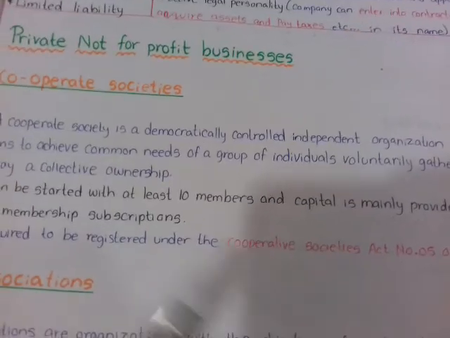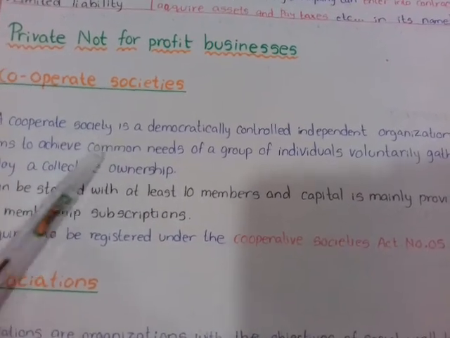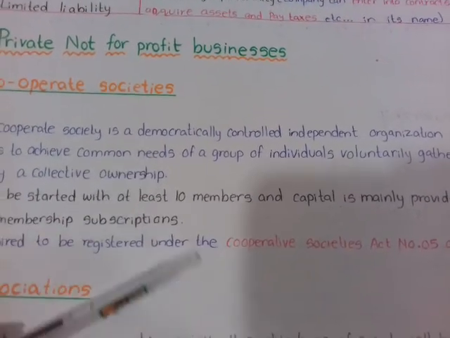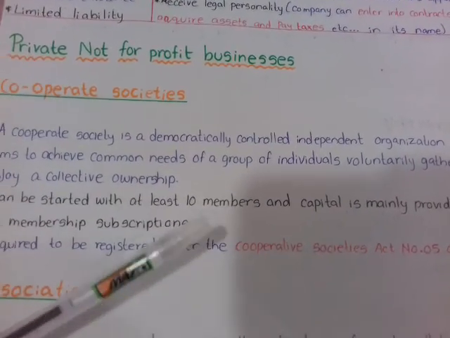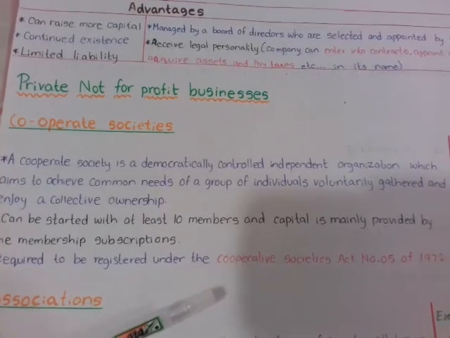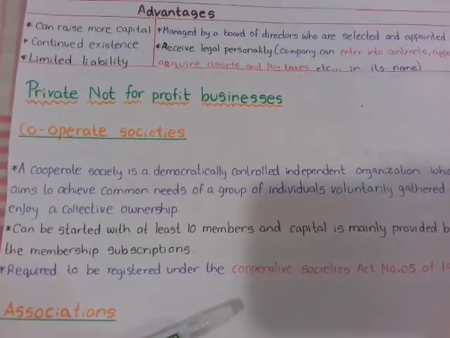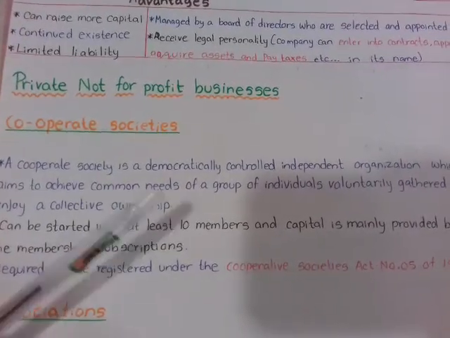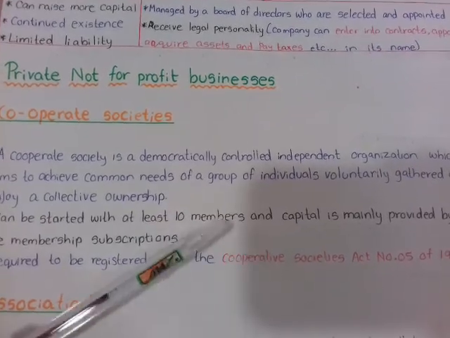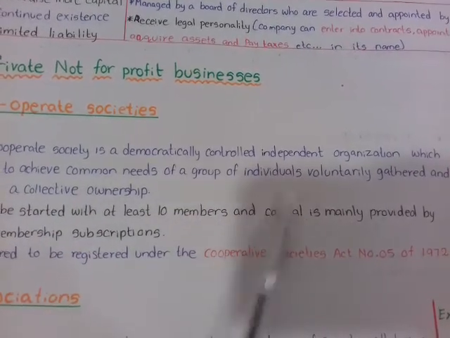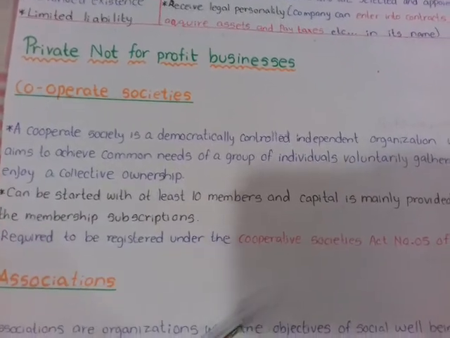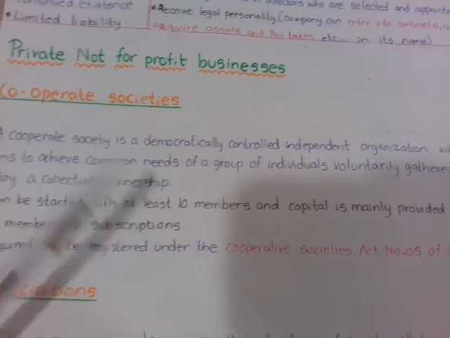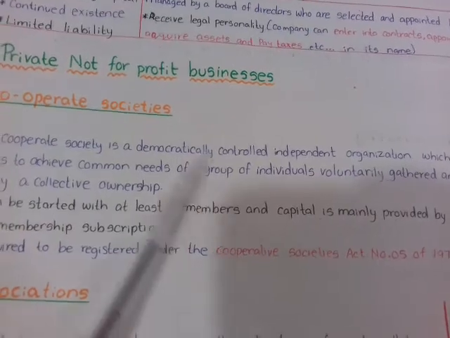So, this cooperative society is an independent organization. It is controlled democratically, and also it aims to achieve common needs of groups of people voluntarily gathered and enjoy a collective ownership. So here also the ownership is shared.